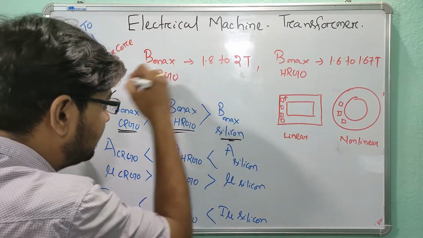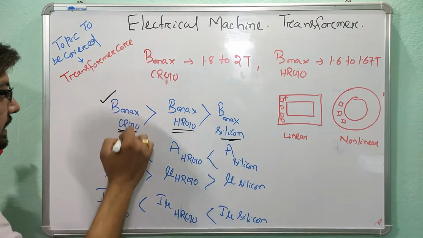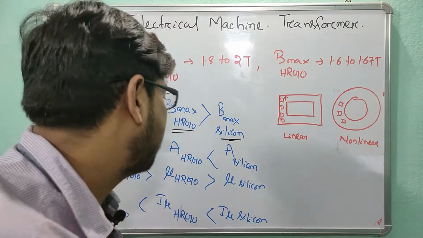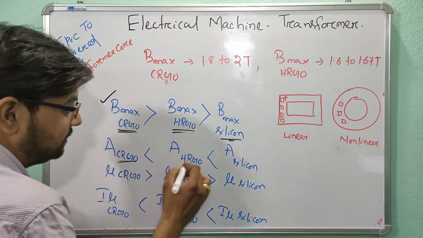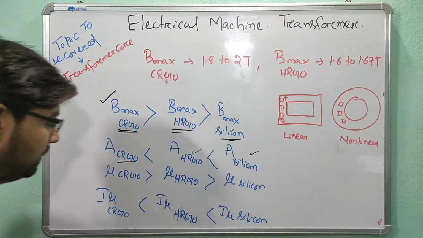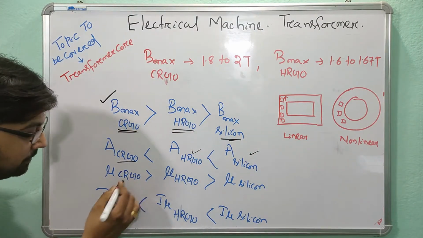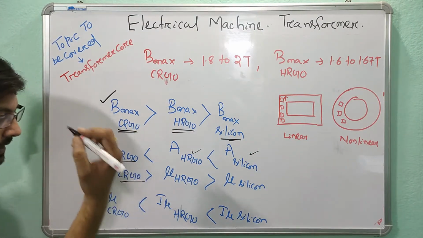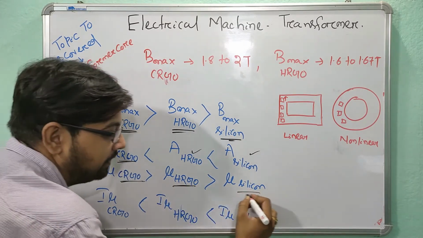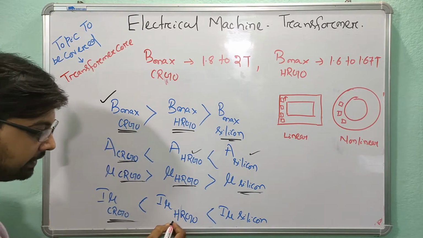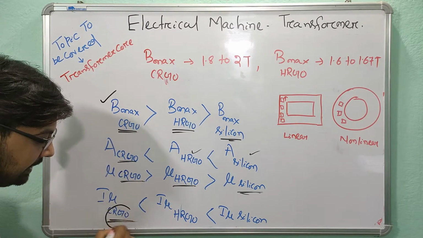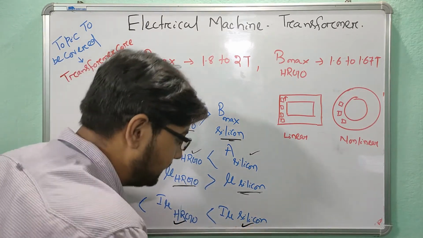So compared to the three materials, CRGO has the highest Bmax, but the area of the core is reduced in CRGO steel as compared to HRGO and silicon, and the mu value of CRGO is highest as compared to HRGO and silicon, and also the I mu value is low for CRGO steel as compared to HRGO and silicon.